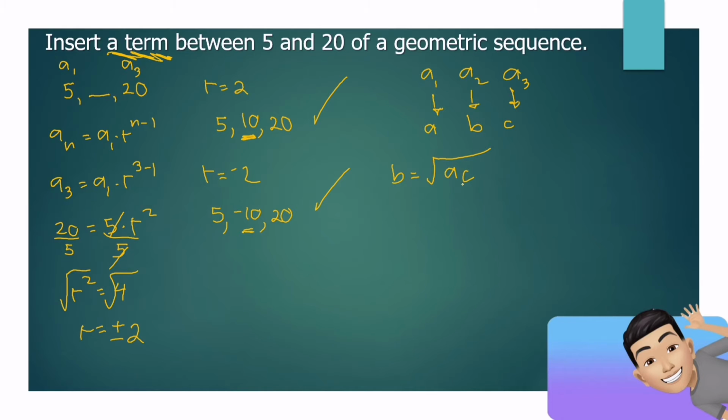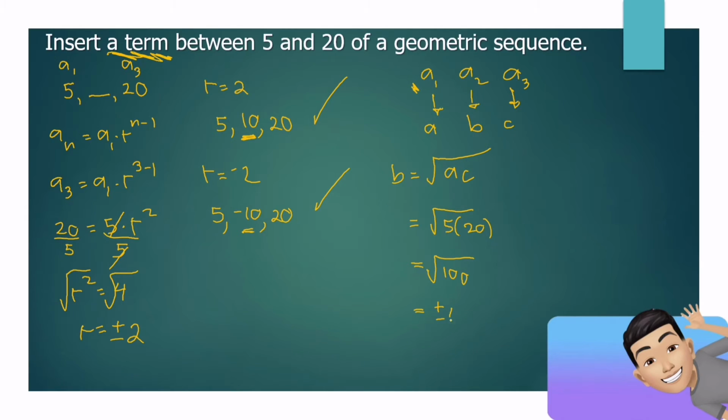Ayan, product lang nila. So, check nga natin, what is a sub 1 dun sa ating given? 5. So, b equals square root of 5 times what is c? 20. What is square root of 5 times 20? 100. What is square root of 100?